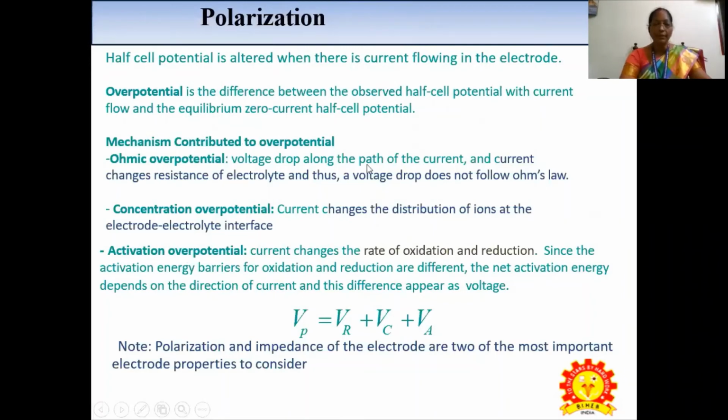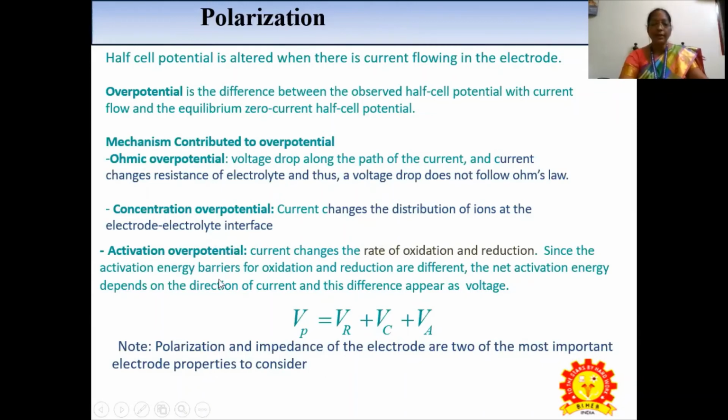Overpotential is the difference between the observed half cell potential with current flow and the equilibrium zero current half cell potential. Mechanisms contributing to overpotential: ohmic overpotential, where the voltage drop along the path of the current changes the resistance of the electrolyte. Concentration overpotential is where the current changes the distribution of ions at the electrode electrolyte interface.